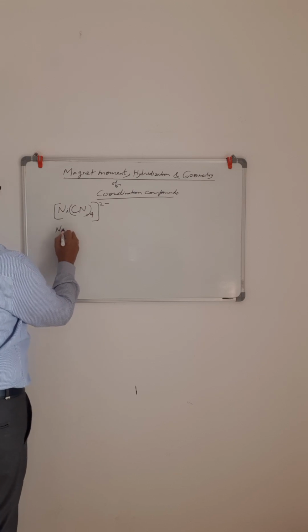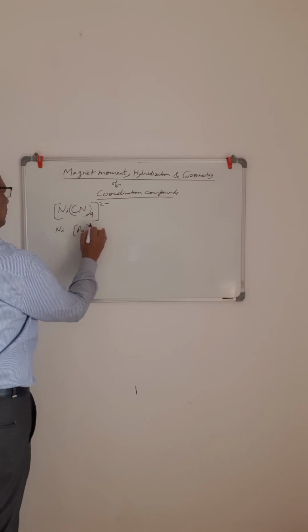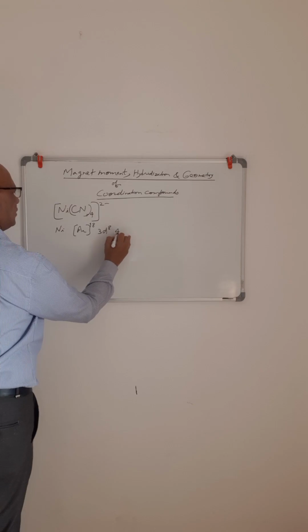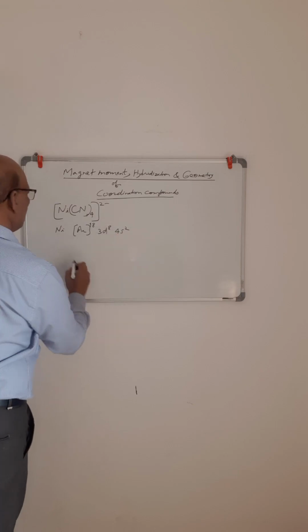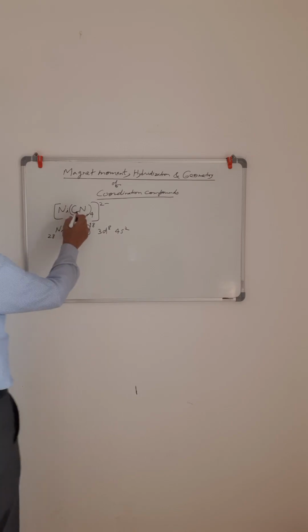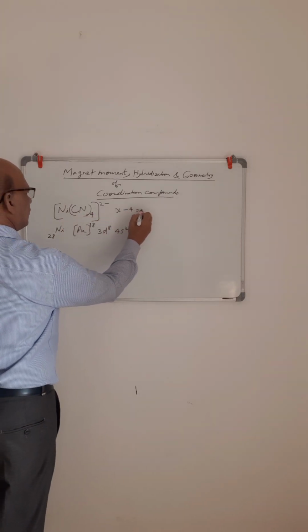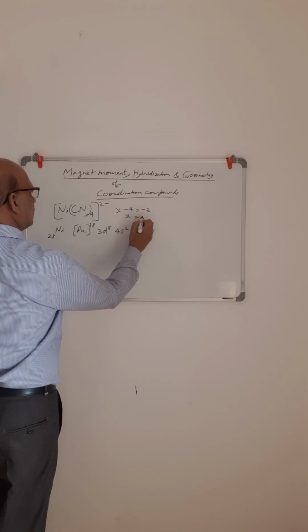Again we will write the electronic configuration of nickel, that is argon 18, 3d8, 4s2. Okay, now what is the oxidation state of nickel? x - 4 equal to -2, x equal to +2.